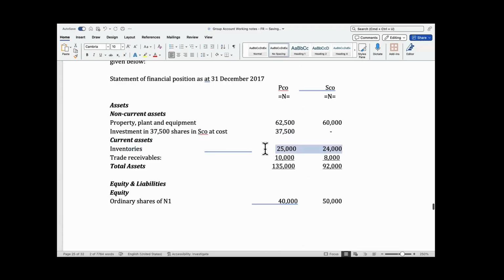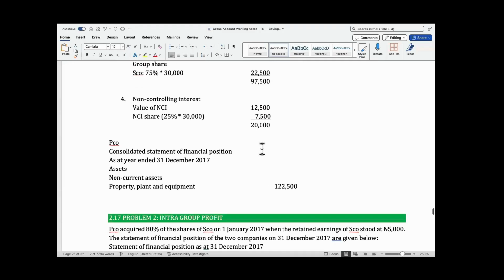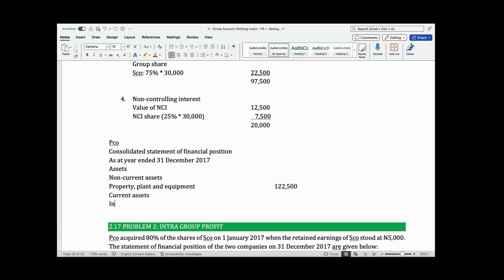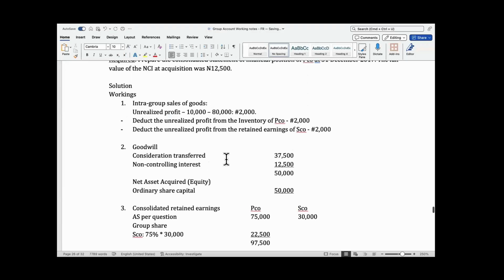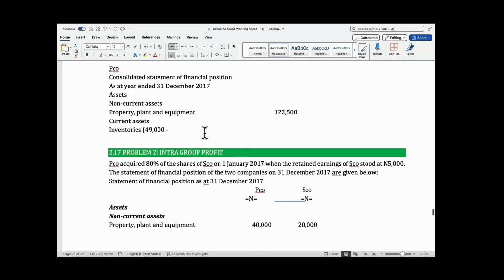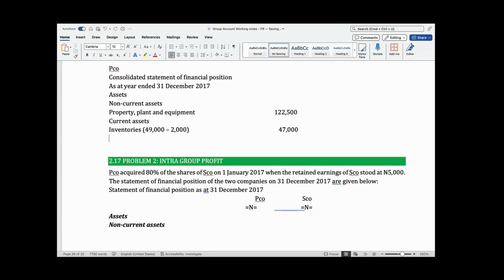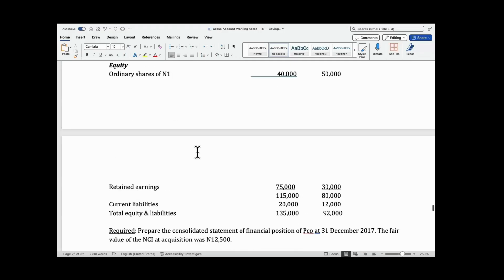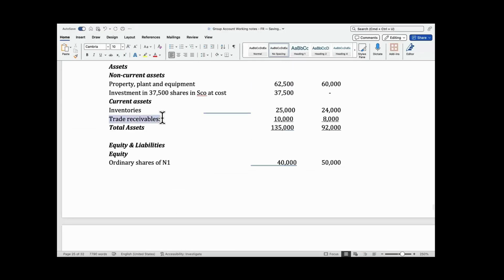It's 49,000, minus the unrealized profits that we say we remove from inventory, which is 2,000. Then we have trade receivables.